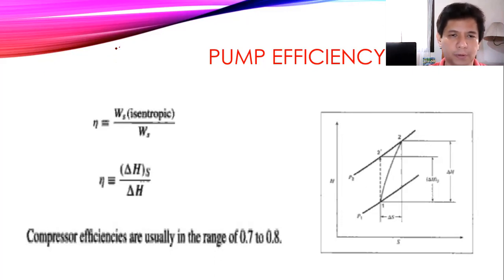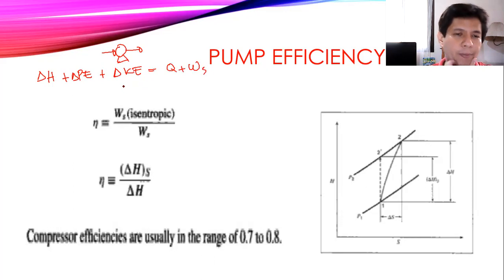Generally, we draw a pump like this. Okay, so delta H is the general energy balance equation plus delta PE plus delta KE is equals to Q plus Ws.